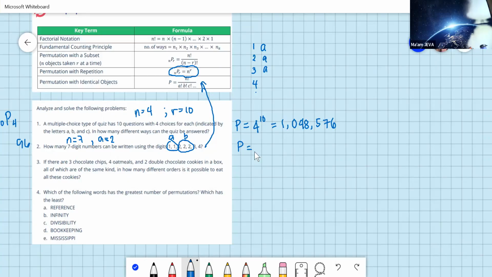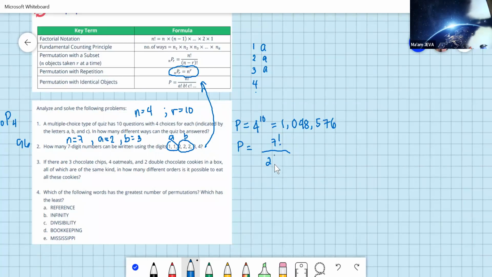So you have N factorial, which is 7 factorial, over 2 factorial, which is your A, and then your B is 3 factorial. Why 2? Because the digit 1 is letter A, and it is identical, there are two of them.